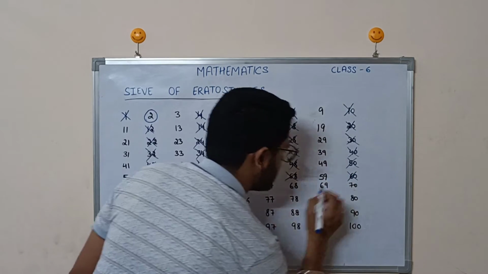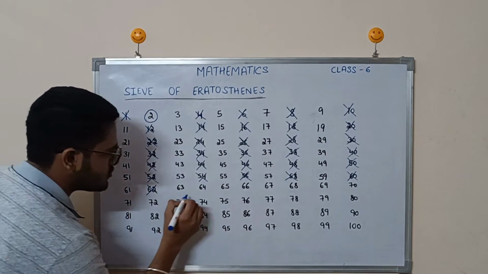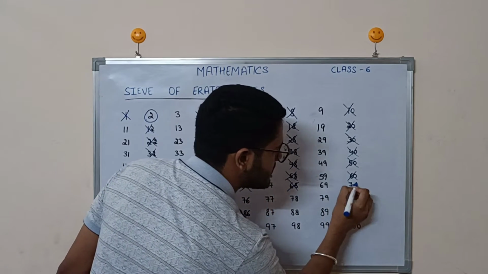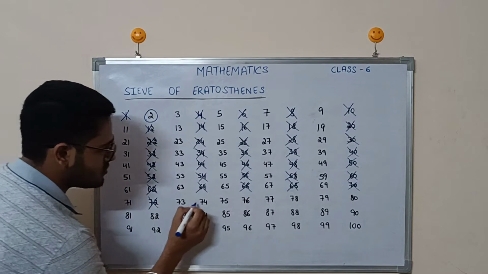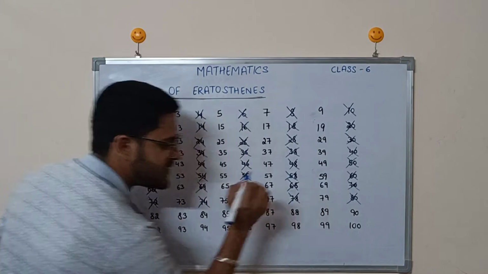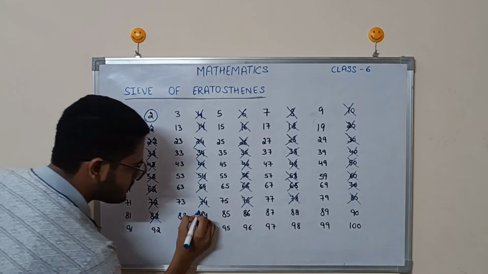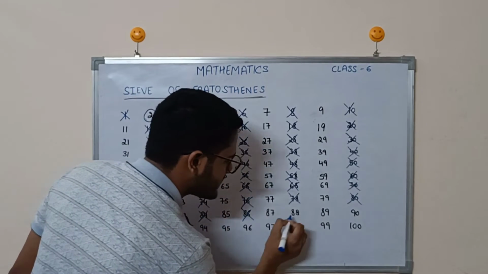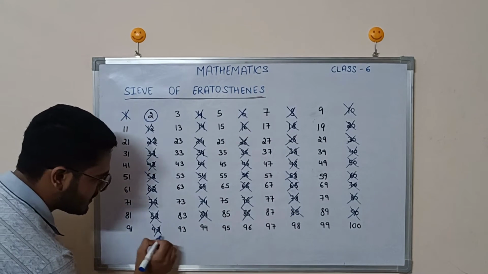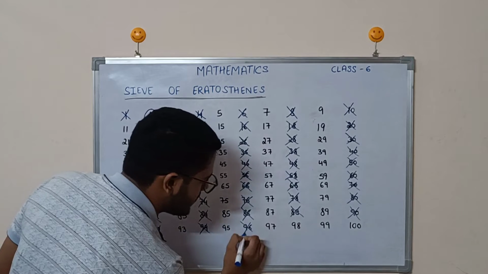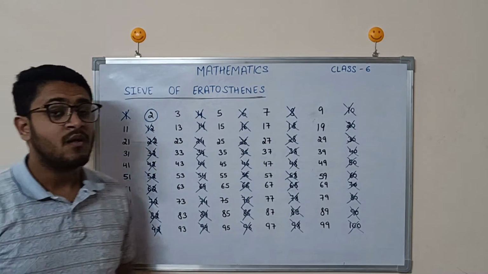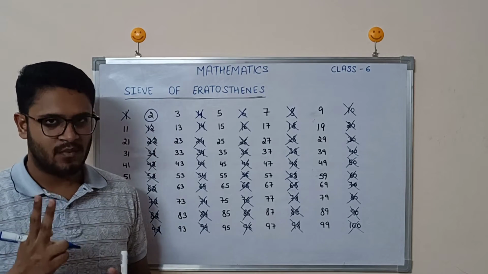We'll cross out 60, then 62, 64, 66, 68, 70, 72, 74, 76, 78, 80. Okay. 82, 84, 86, 88, 90, then 92, 94, 96, 98, and finally 100, right? Now we are done with step number 1 and step number 2.